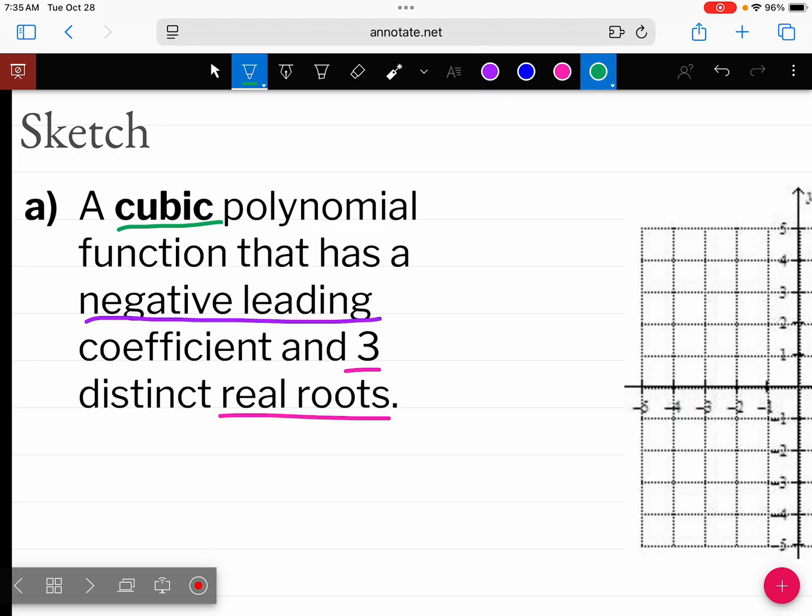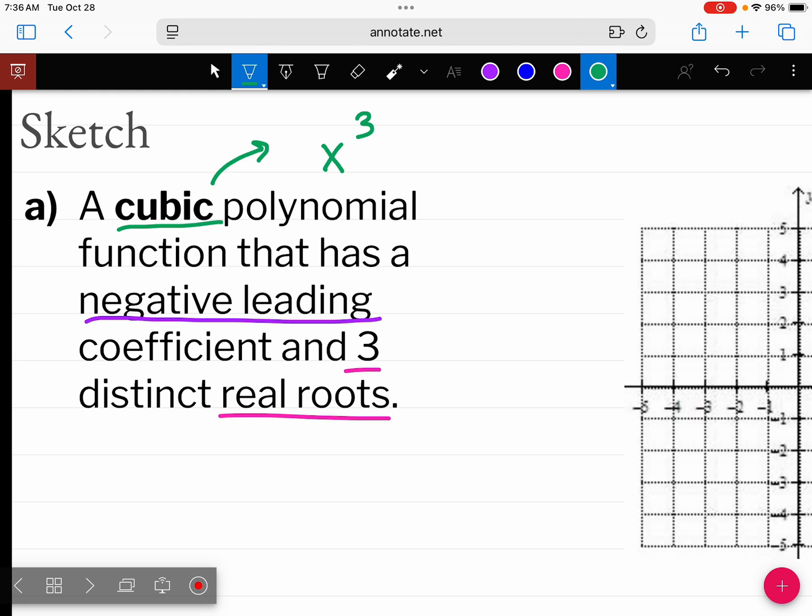Do you remember what cubic means? 3. That's going to be an x to the 3rd. Cubic means x to the 3rd. If they said something like quadratic, that's our x squareds. Cubic is x to the 3rd. It would be rare and unkind to say quartic.